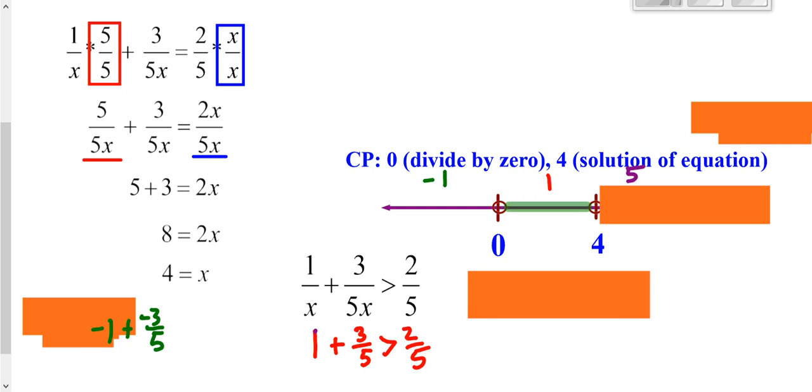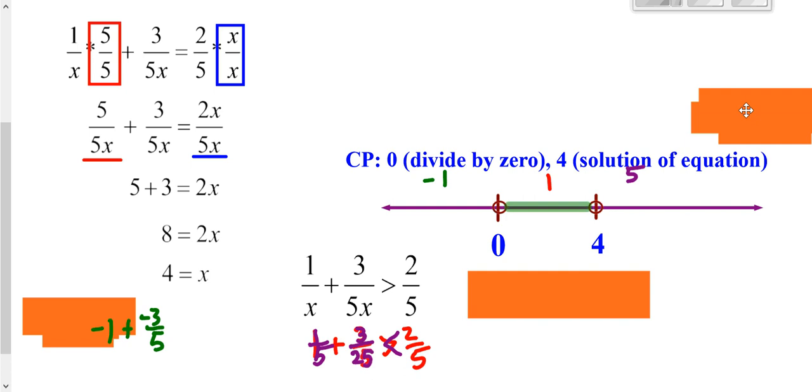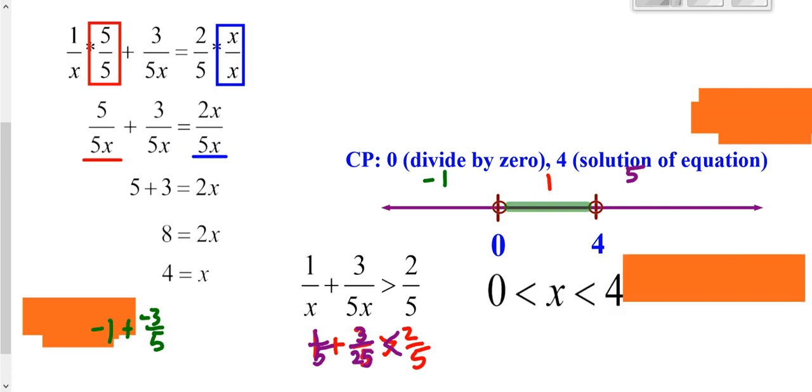Then it would be a 1/5 plus a 3/25. 1/5 plus 3/25 is not greater than 2/5, so it does not work. So now I have only one region, so I could write it as one compound inequality. I'm going in between 0 and 4, so I put my variable in between 0 and 4.